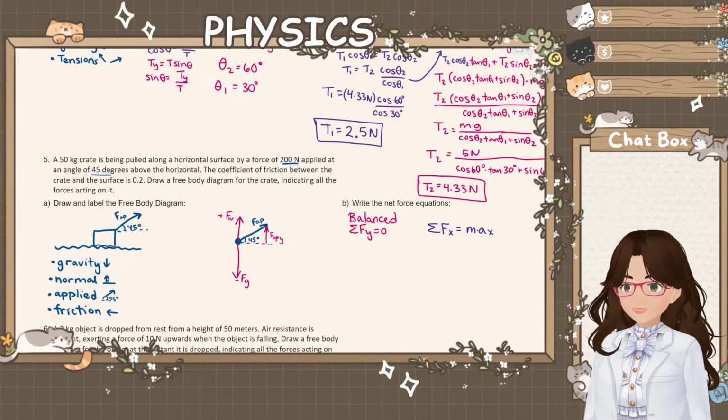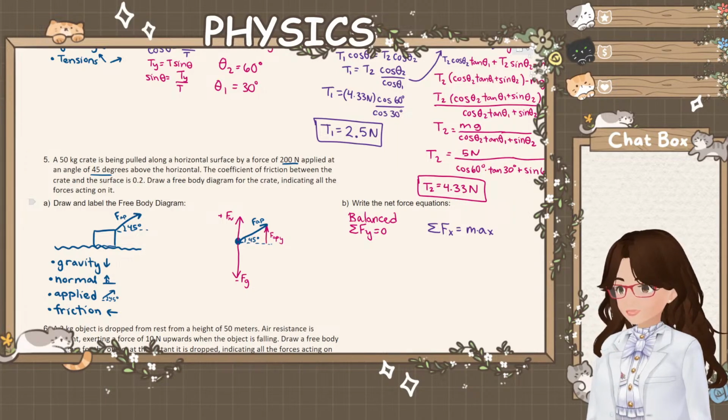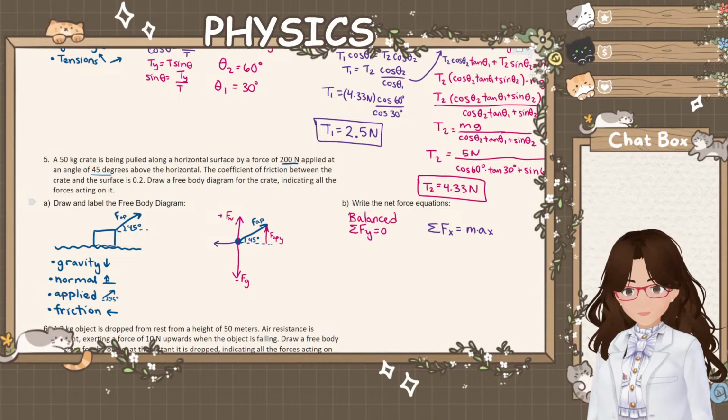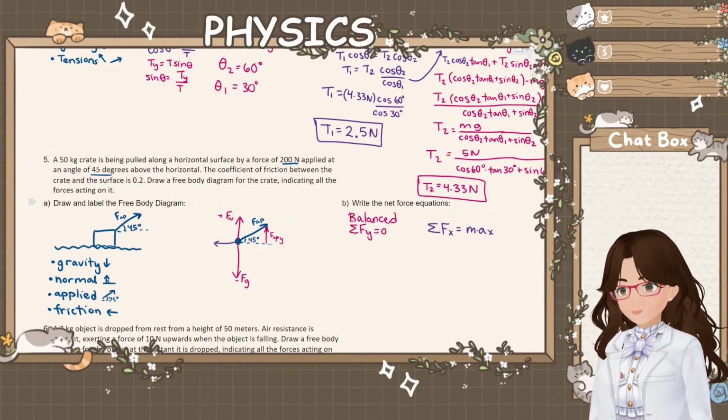Okay, now for the x direction, if we're going to assume it's being pulled to the right, that means that friction is an oppositional force, so it should point in the opposite direction to the left. We're not sure what kind of friction we're working with right now.